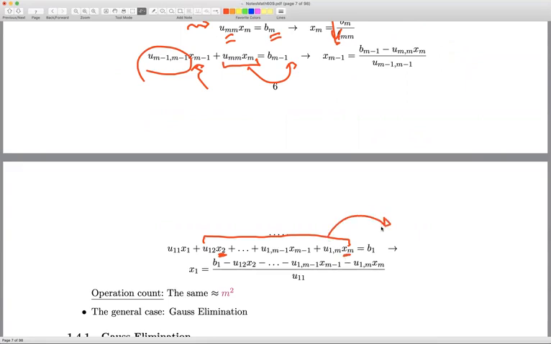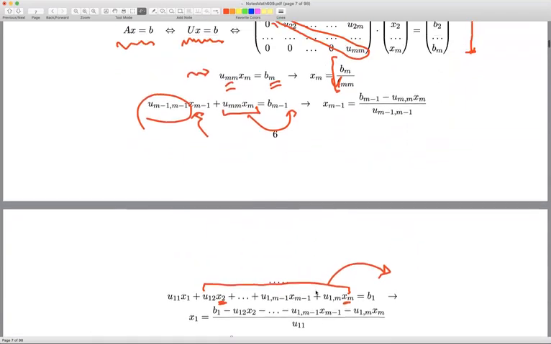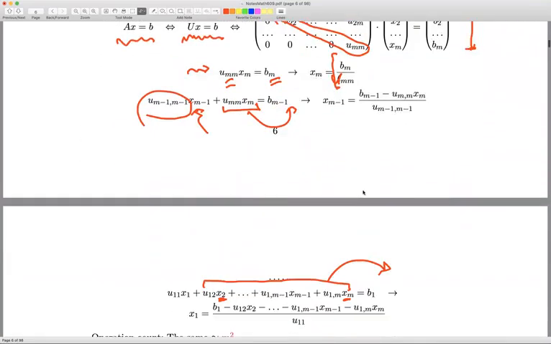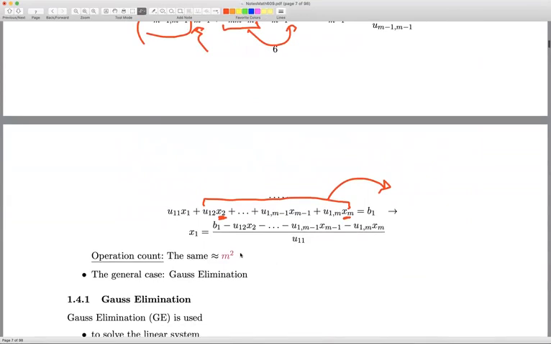We move them to the right hand side, and we will have the expression for x1. And exactly the same way, we count the operations, and we find out that the operation count is the same, that the operation count is about m squared.